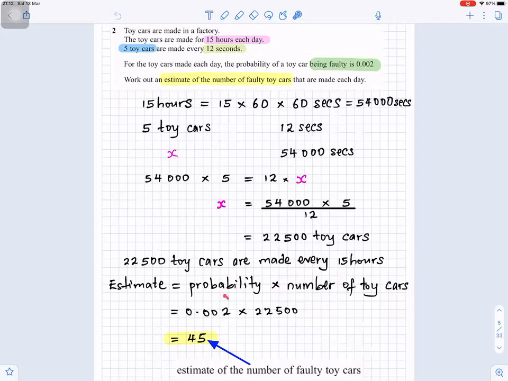So the probability is 0.002, and that comes from the question. And we know there's 22,500 toy cars. You multiply them, it gives you 45. So that's an estimate of the number of faulty toy cars. So there will be 45 of them that could be faulty out of those 22,500 toy cars which are made.